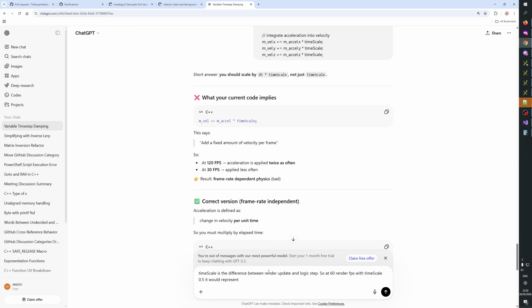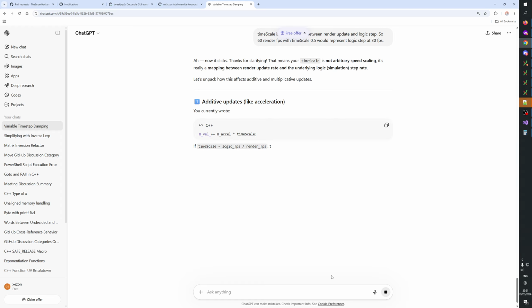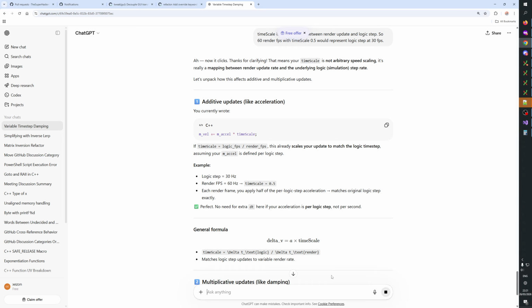So difference. Timescale would represent logic step at 30 FPS. Already scales. Yeah.